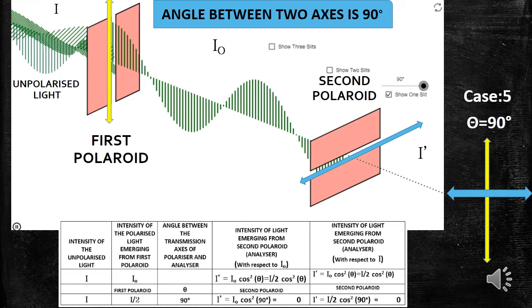Instead of theta, that is the angle between the two transmission axes, it is 90 degree. Cos square 90 is equal to 0. Therefore, I dash also will become 0. It shows that the intensity of the light which emerges out from the second Polaroid will also be 0. We are not able to observe any light.